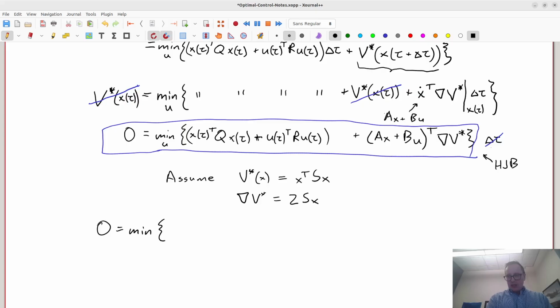min of x transpose Q x plus u transpose R u plus Ax plus Bu dotted with this 2Sx here.